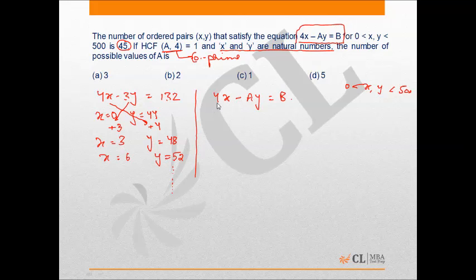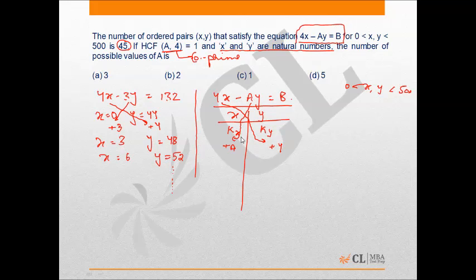Let's say in this equation the first solution, the smallest value of x is kx and the corresponding value of y is ky. By the same rule, you do a plus a here for the next solution and a plus 4 here for the next solution, right?